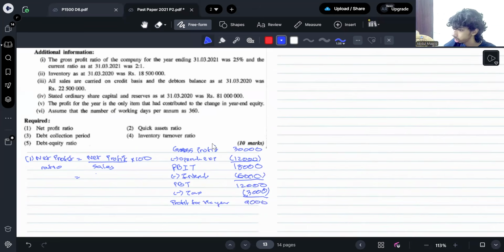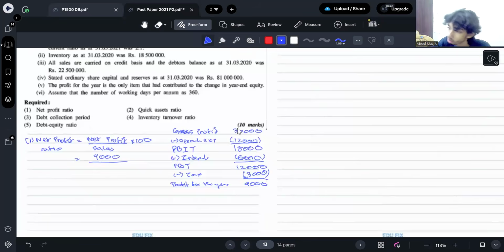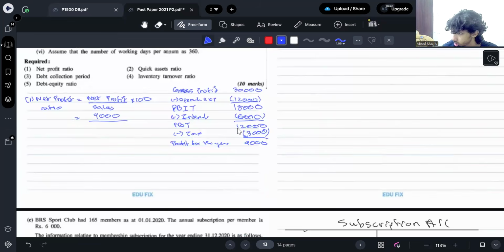9,000. So net profit is 9,000 divided by how much will be your sales? See here, the gross profit ratio of the company for the year ending 31st March 2021 was 25%. So gross profit ratio equals gross profit divided by sales into 100.